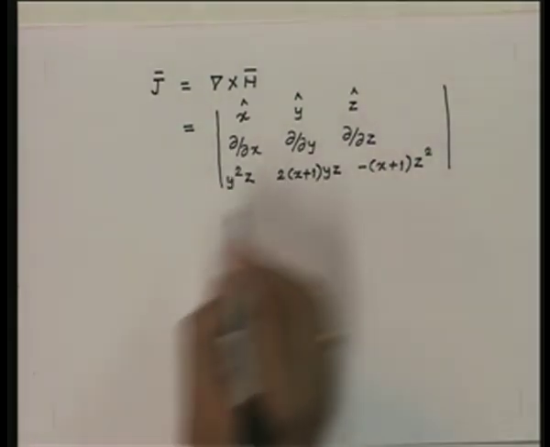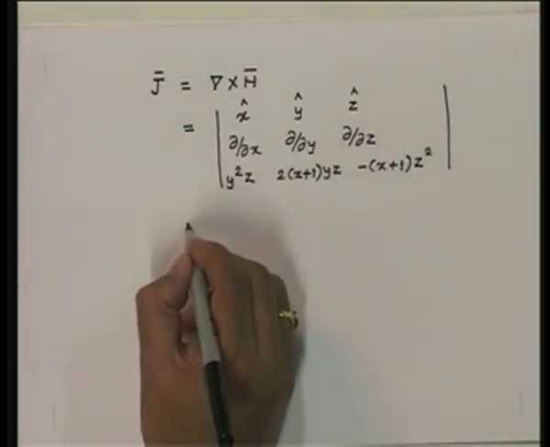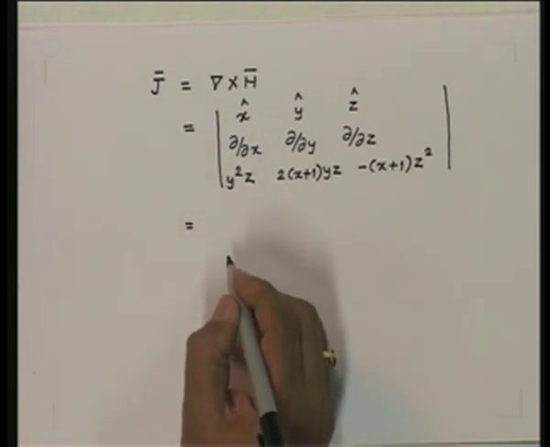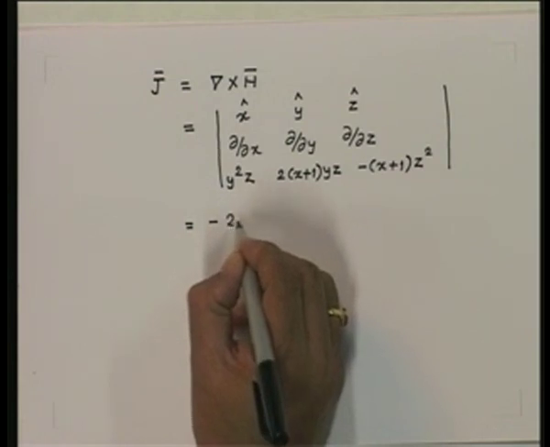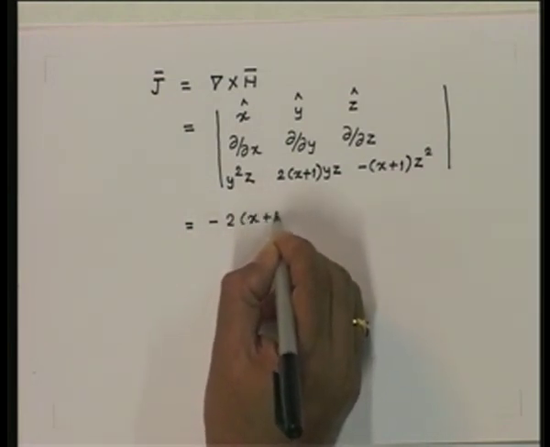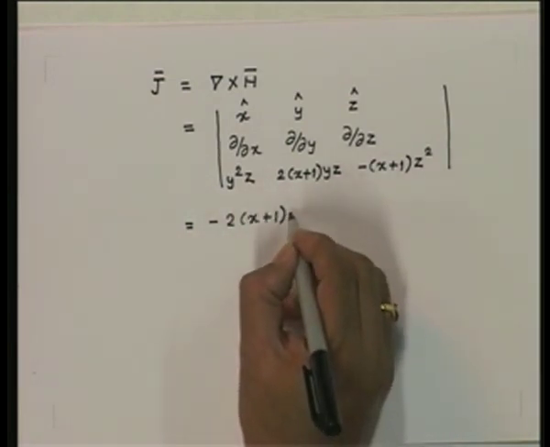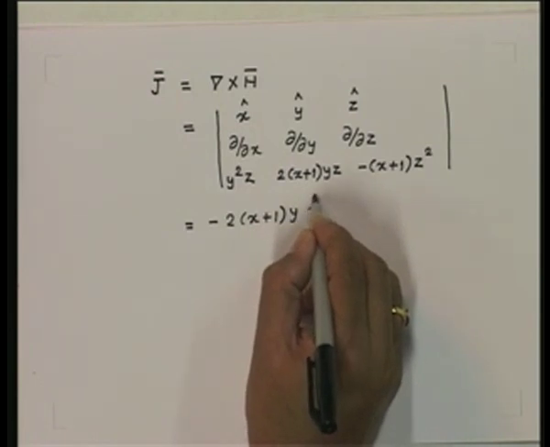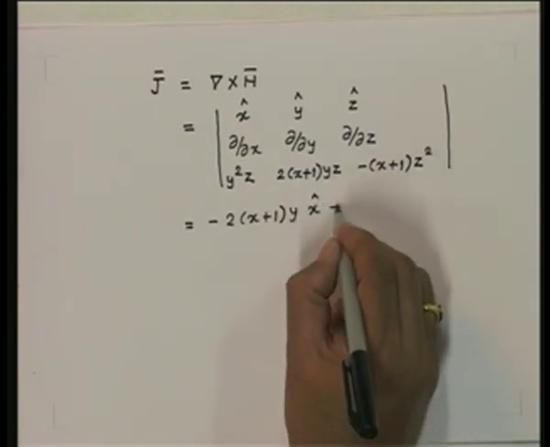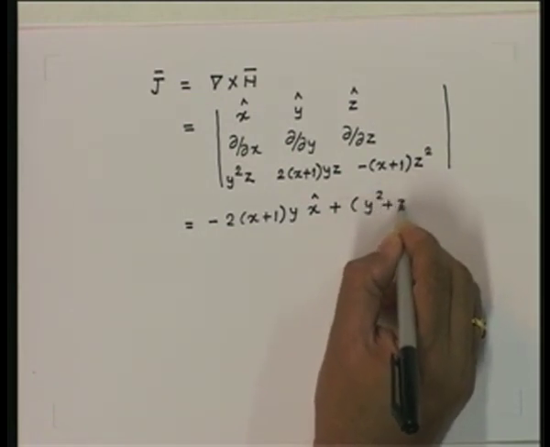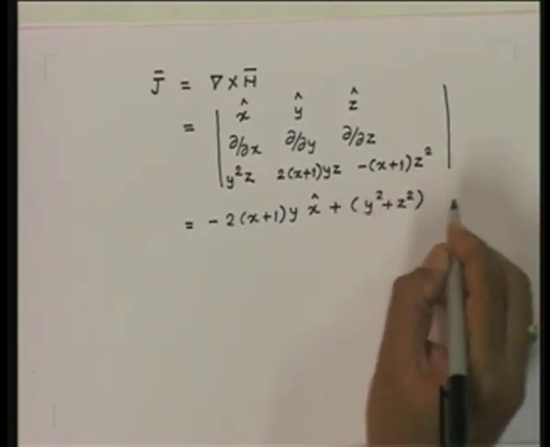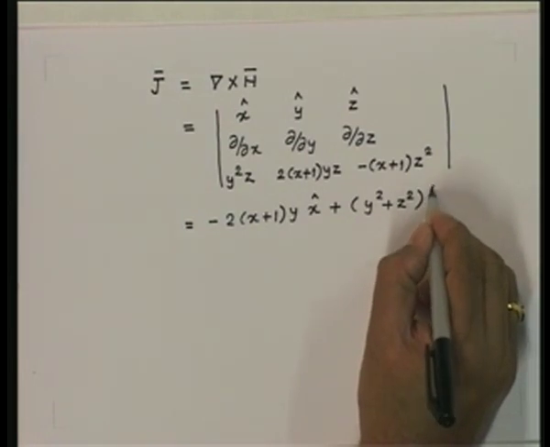And if I expand this, essentially we get the conduction current density in the vectorial form, which will be minus 2 (x plus 1) y x cap plus (y square plus z square) y cap.